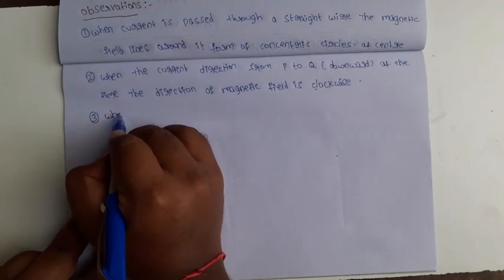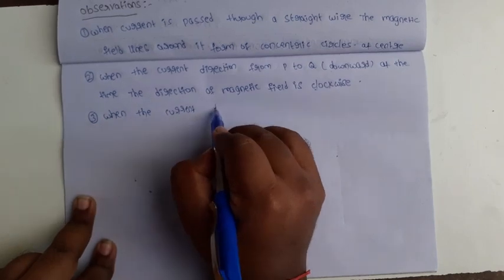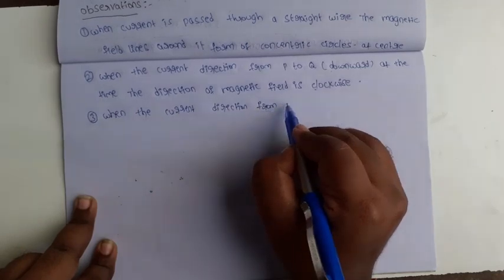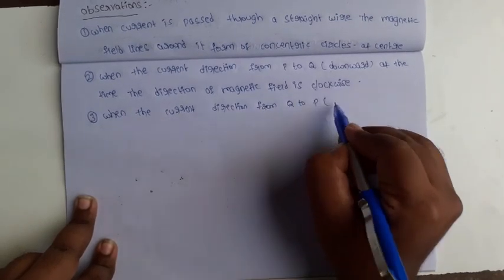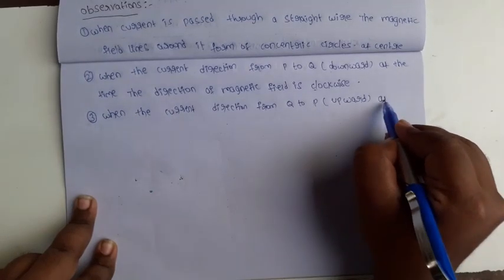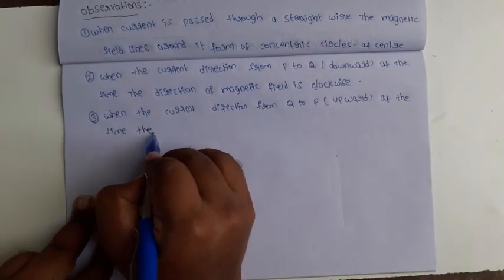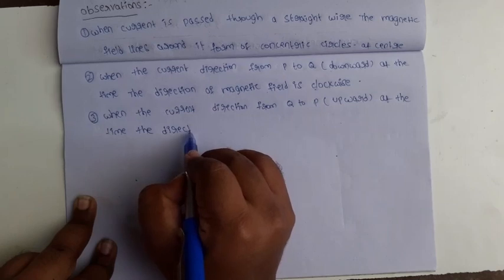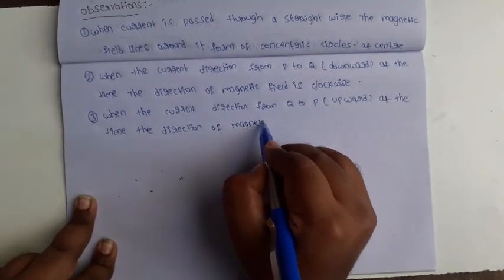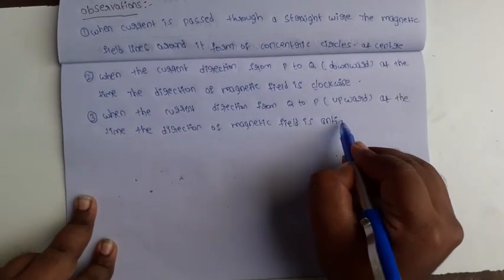Next point, when the current direction is from Q to P, Q to P means the upward direction, at that time the direction of the magnetic field is anti-clockwise.